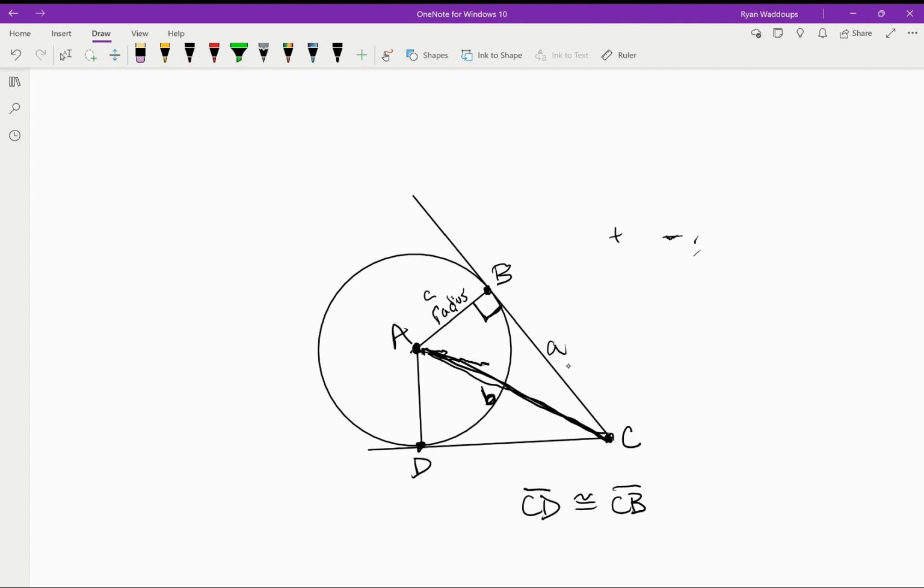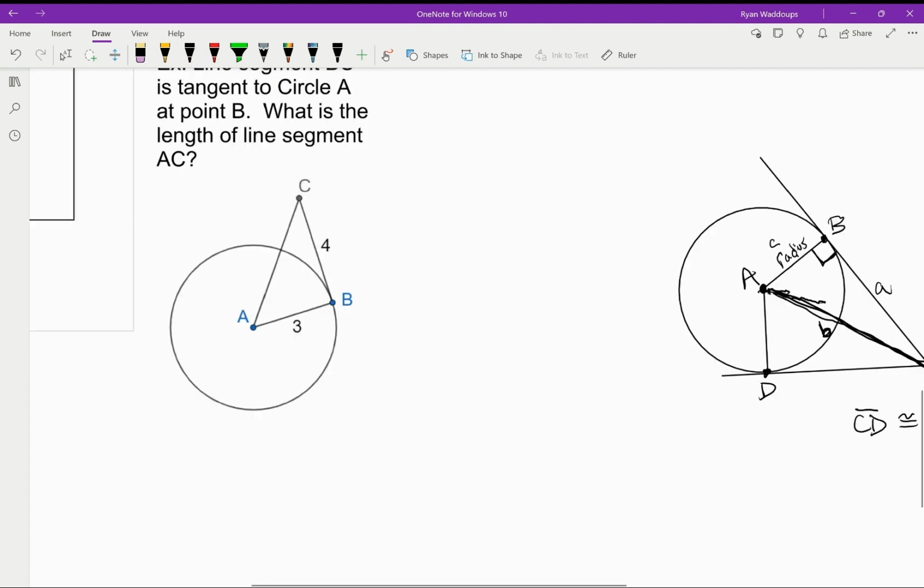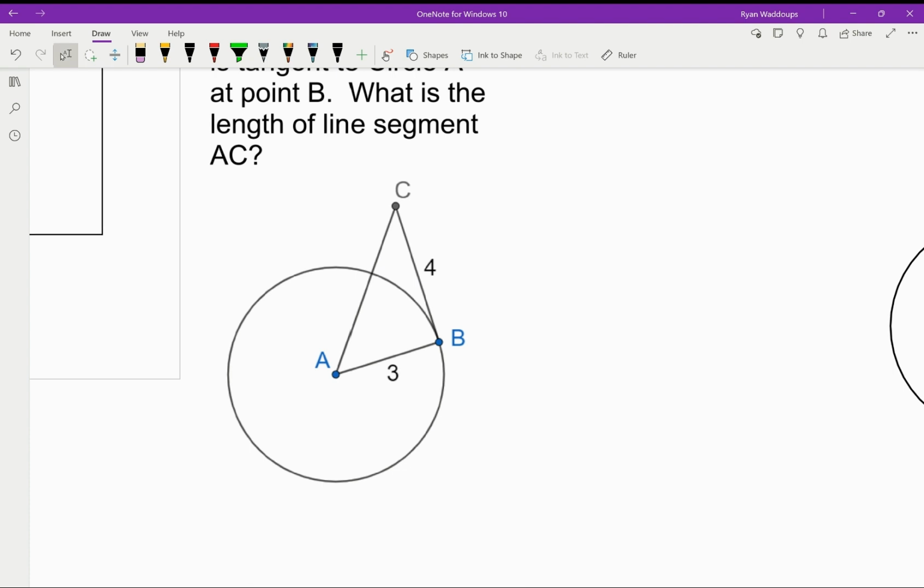So this is what we're going to do over here. We know that here is the radius. This is the radius right here. The radius is 3. And this is the tangent line, the one that's marked with 4. And that's segment BC or CB, either way.